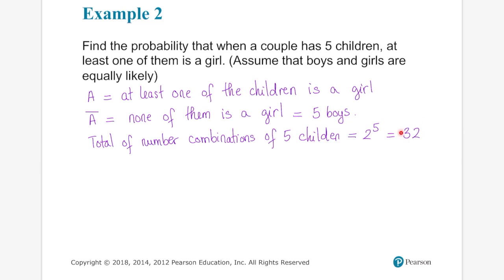And in these 32 different combinations, how many are 5 boys? There's only one. So probability of A bar is 1 over 32. To find the probability of A, I take 1 minus probability of A bar, which is 1 minus 1 over 32, which gives me 31 over 32.